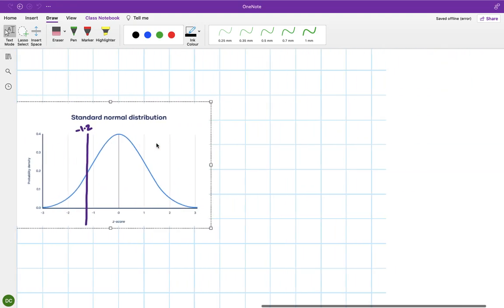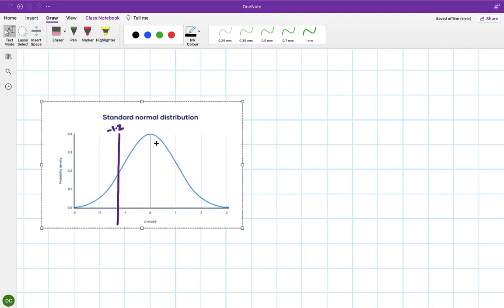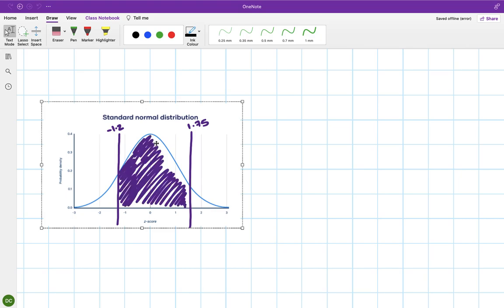And 1.75 is about there. That's not very accurate, but you know what I mean. Okay, so we're looking for this bit here, in between the two of them.